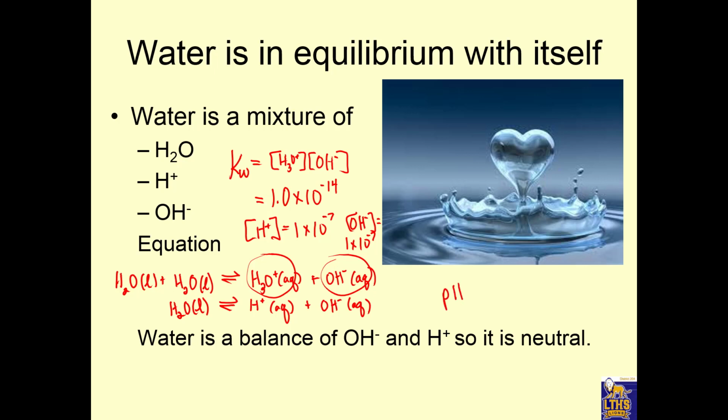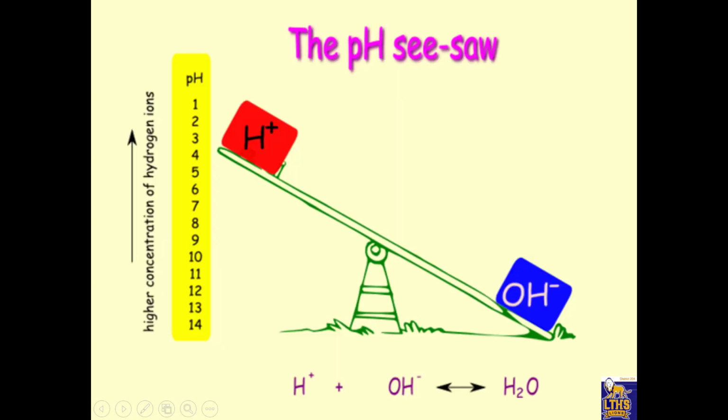Now if we take the negative log of H plus, we get negative log of 1 times 10 to the negative 7th, and we get pH 7. Nice. So the pH seesaw: the higher the concentration of hydrogen ions, the lower the pH. If there's a lot of H plus, then the pH is around here.